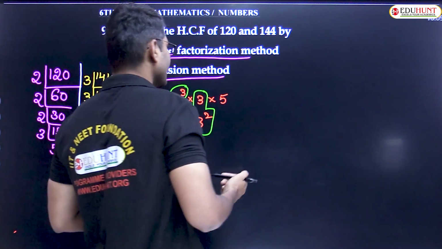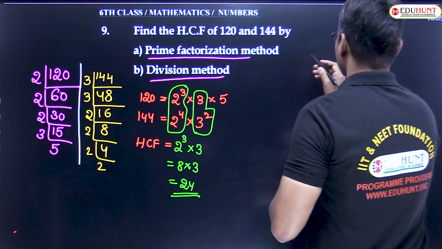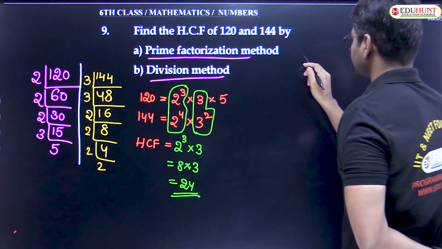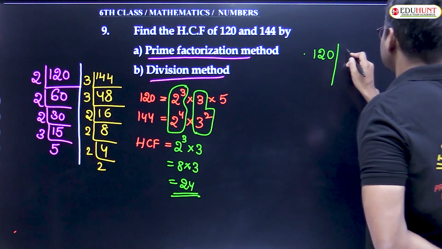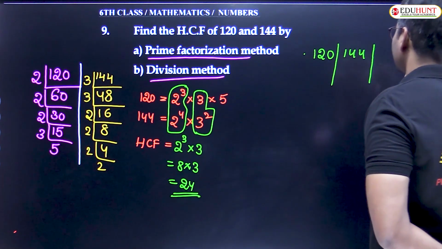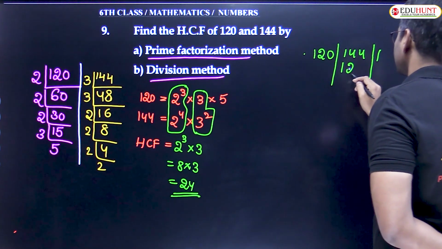Okay. Let's take the division method. What is the smallest number here? The smallest number is 120. 144 should be divided by 120. 120 once 120.